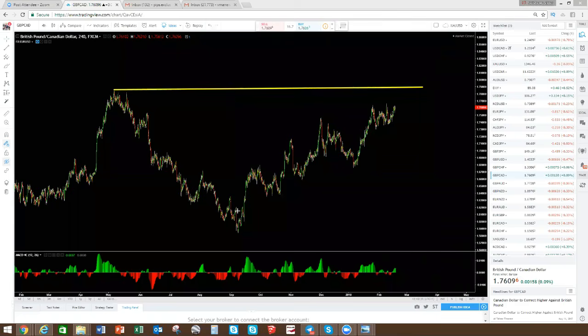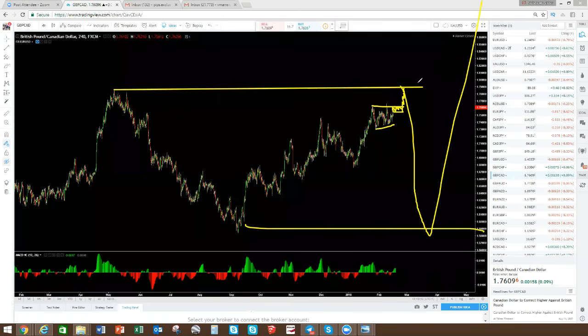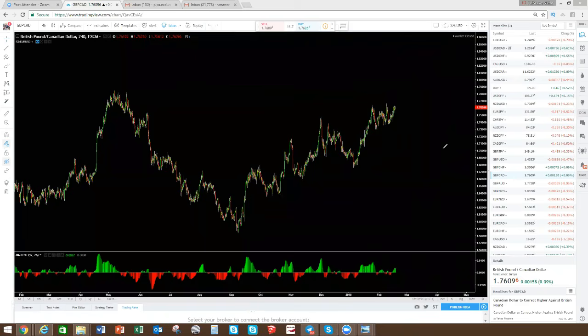Okay, so that's how we're looking at this one. So now it's making another corrective structure. And there's another one here. Then that will complete it for a move there. Then that will possibly make this structure there for another move up. But for now, that's what we're looking at.